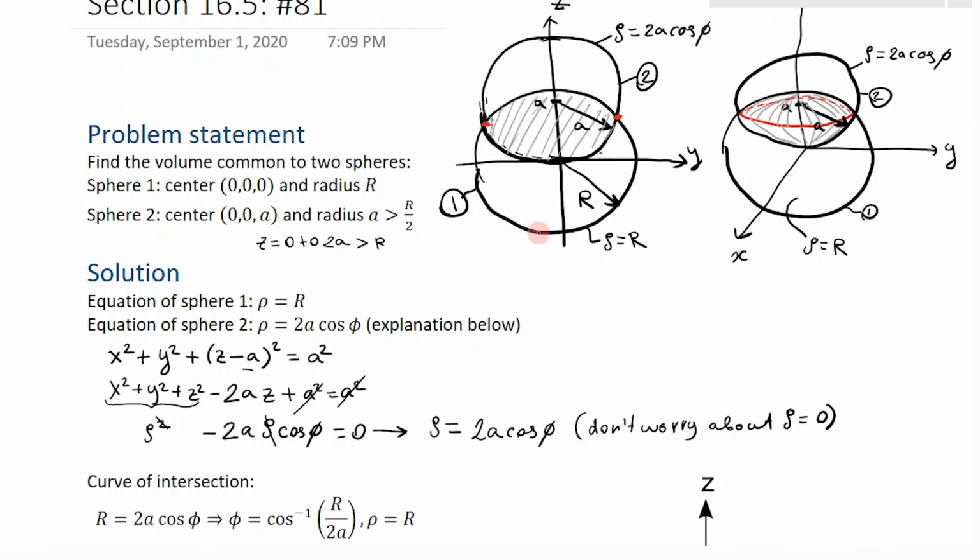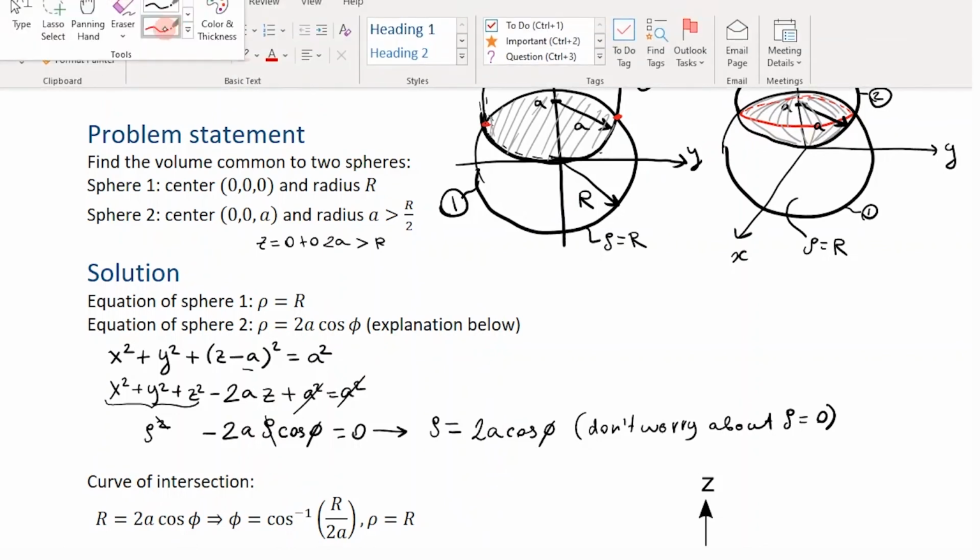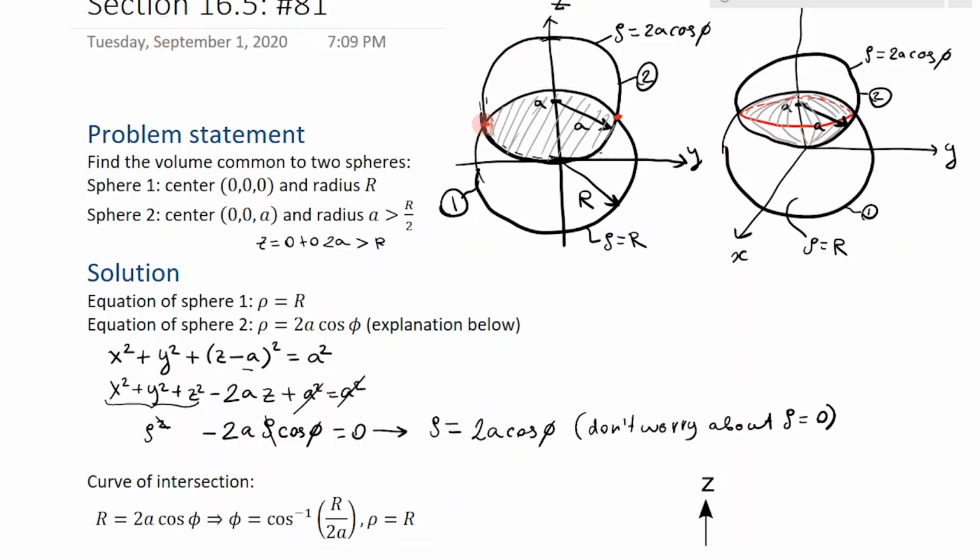Now, I'll need to figure out where this intersection happens. You'll see why I need this information in a minute, so if you have a question why I'm doing this, just hold that thought.